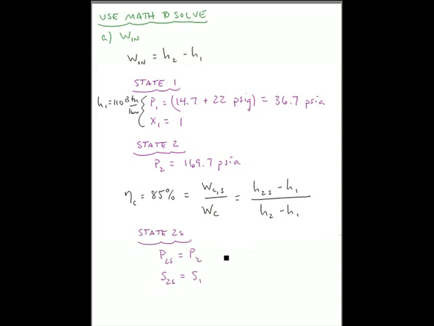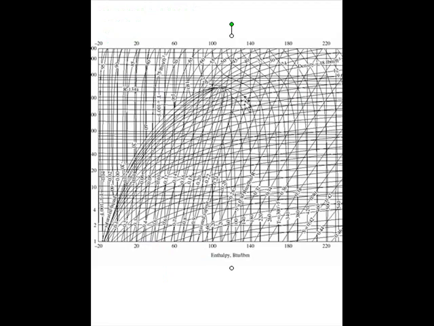Alright, state 2s, now using pressure 2 and entropy 1, we're going to find H2s equals. So let's go back and do that. Pressure 2 was around 160. So here we have 40, there's 100, 200, so 150 a little above. And I want a line of constant, so I'm on this line here.